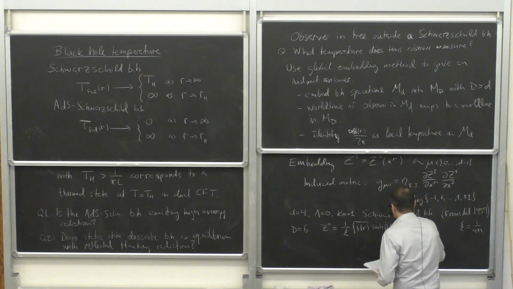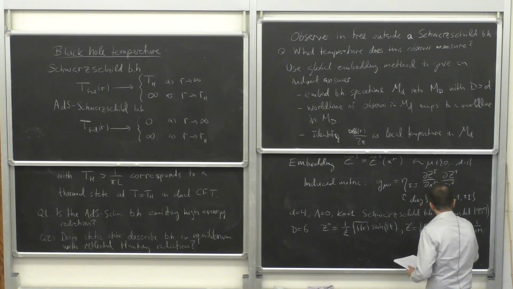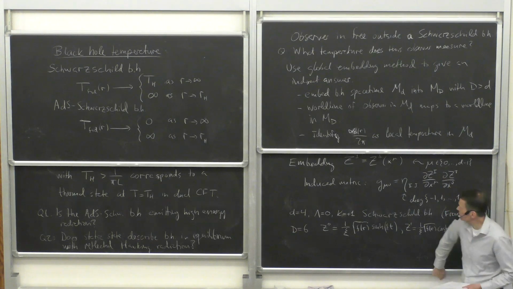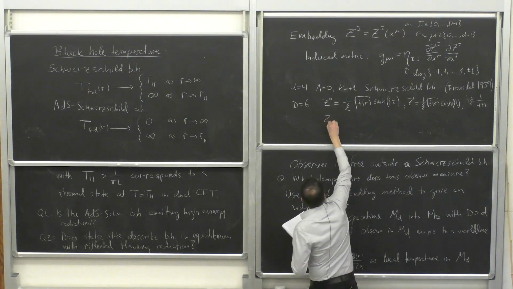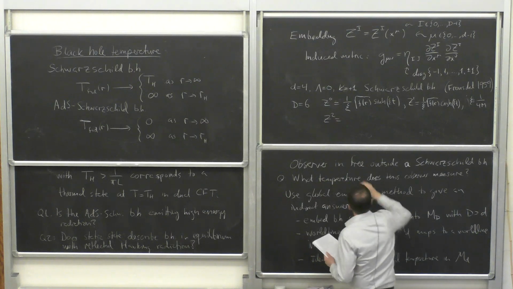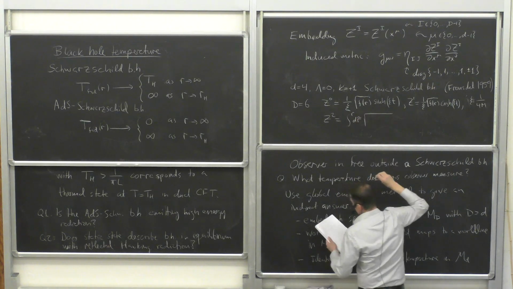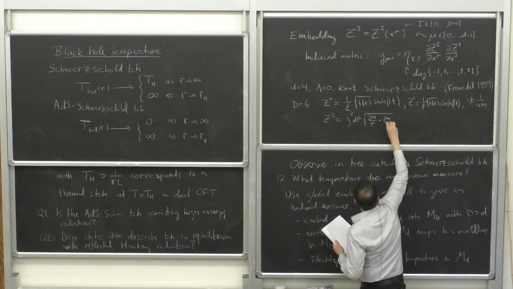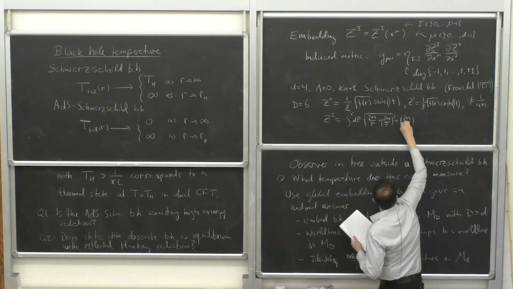Z1 is 1 over ξ root f(r) cosh(ξt). Okay, so these are two of my coordinates. Z2 is going to be given as follows. I have to do an integral, but I'm integrating a function which is actually manifestly regular, 2M over r squared, cubed.